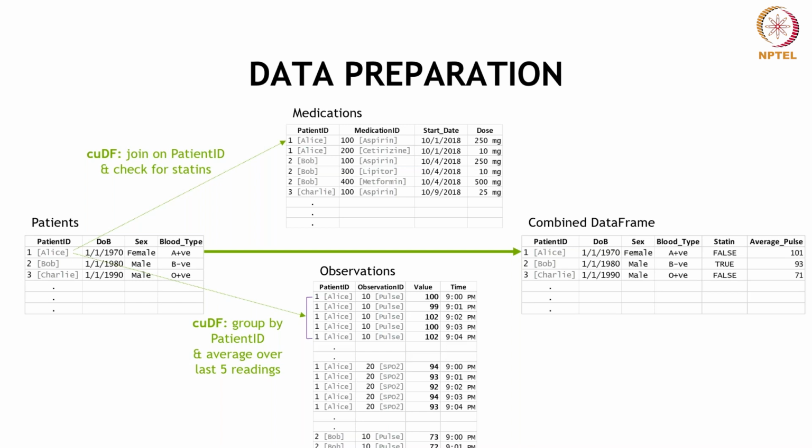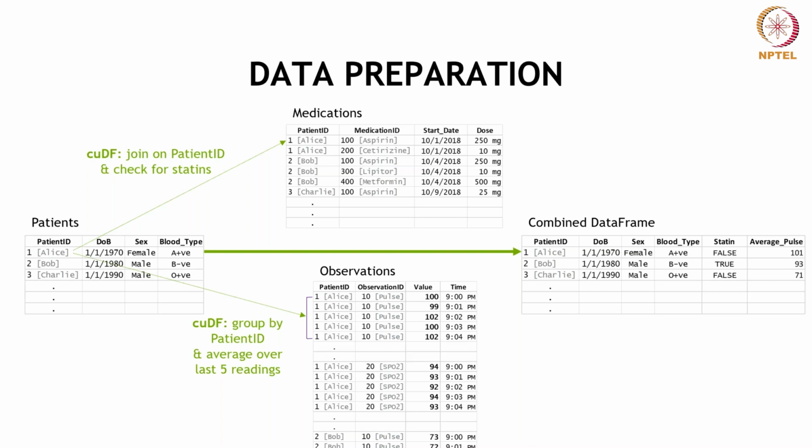And then there is another column which has the medication. So each patient has different sets of medicine they would have taken over time, or there are certain observations based on the test results.